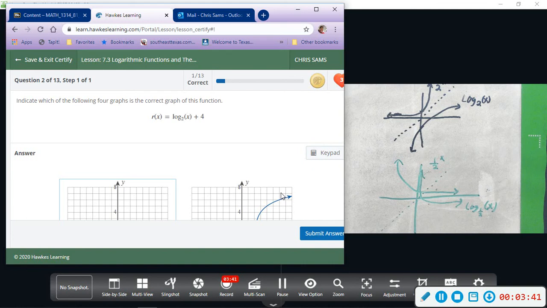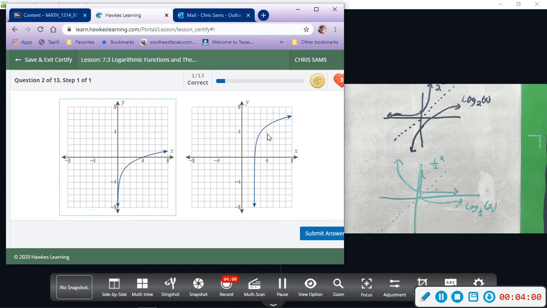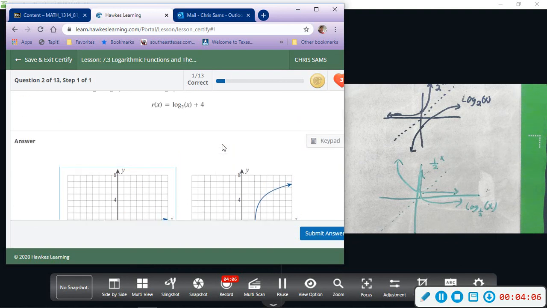Alright, and then number 2, very much like it. Now we have log base 2. Okay, so that's very similar to the one that we've done here. So that graph should be going up in this direction, flattening out down here. General shape, this plus 4 means this graph is going to get shifted up 4 units. So which it would normally cross at (1, 0). Now was there a horizontal shift?